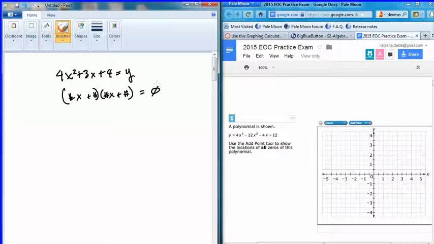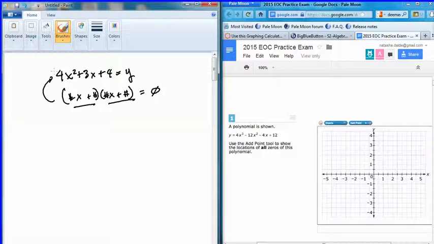And then we could set each factor equal to 0, and so on. It's what I'm showing my Algebra 2 or Algebra 1 students. Do you guys recall this? Assuming, of course, I could factor something like that.